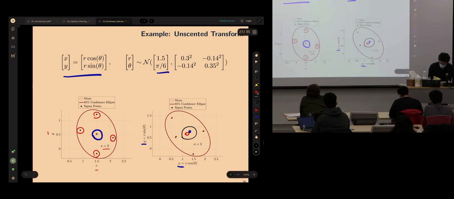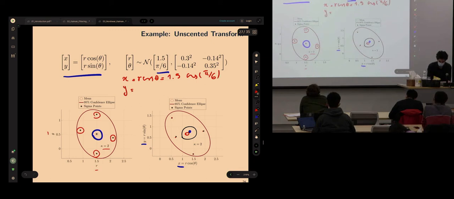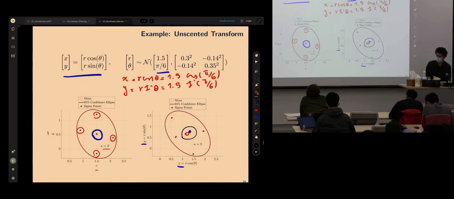Blue is x equals r cosine of theta, which is 1.5 times cosine of pi over 6. Y equals r times sine of theta. That will give you the blue point, even though I wrote it with red, right?